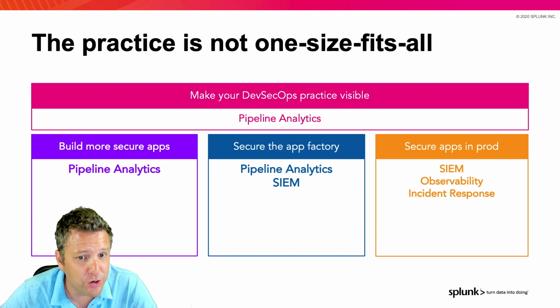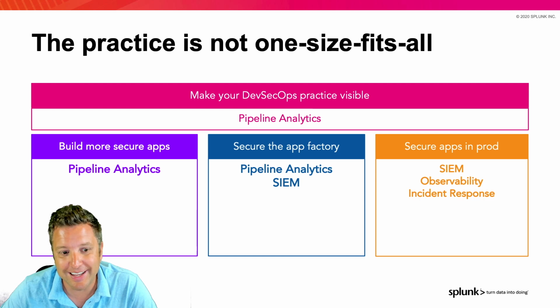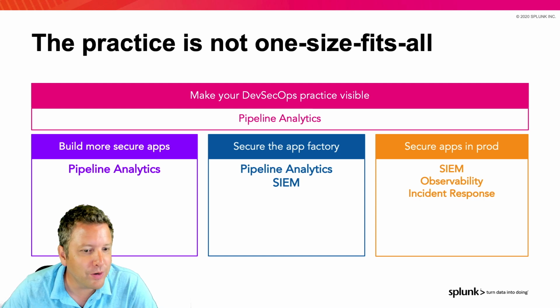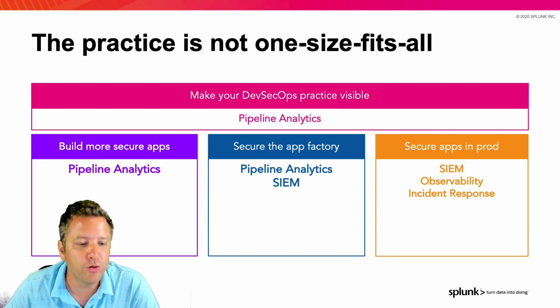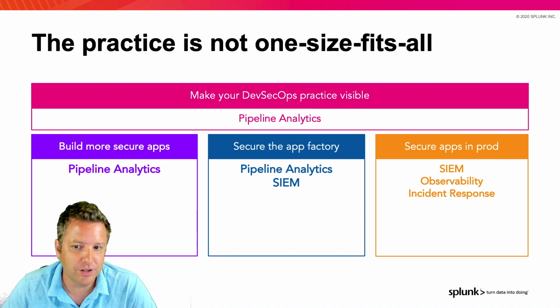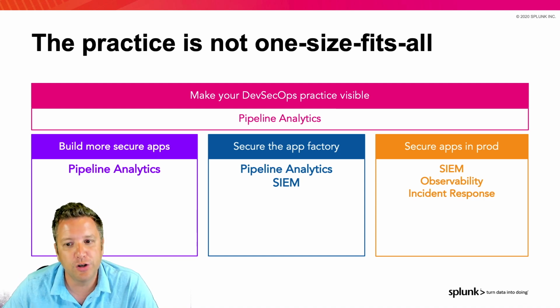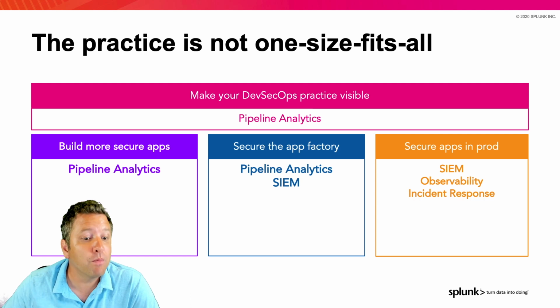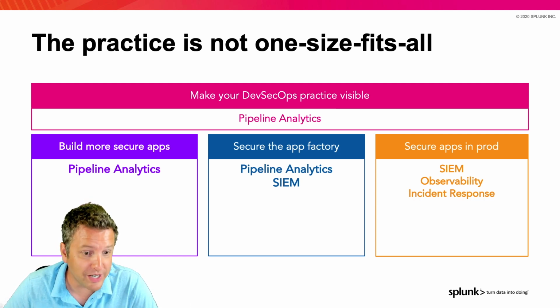So let's look at the use cases now from a technology perspective, because this gets to the core purpose of this talk. Working backwards, first of all, we want to talk about what happens in production. Again, we're largely used to securing applications in production. We're used to using the SIEM as security tooling, now getting more advanced into SOAR technology and maybe even auto remediation technology.